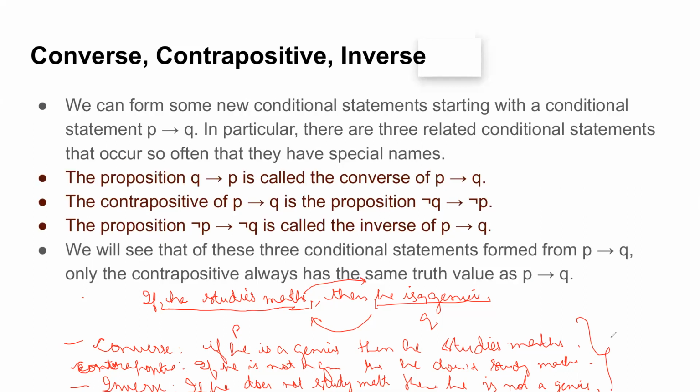P implies Q and its inverse, converse, contrapositive. Yes, class, is this clear? There's a very subtle difference between all three of them, so you should be careful about that.